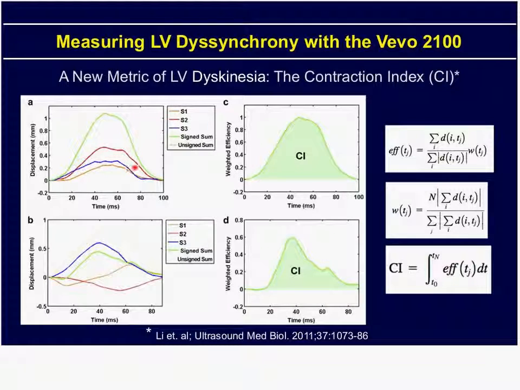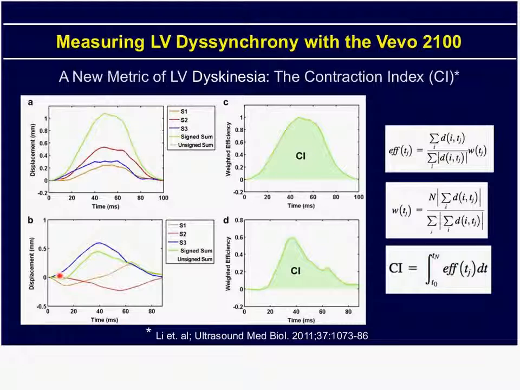We'll see in a normal mouse that we get pretty good displacement no matter where we look. If we then add up the sum of those displacements, we get the curve in green. That's fine in a normal mouse, and the area under that curve we'll call the contraction index.